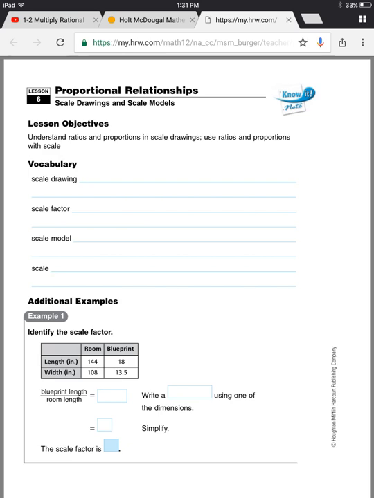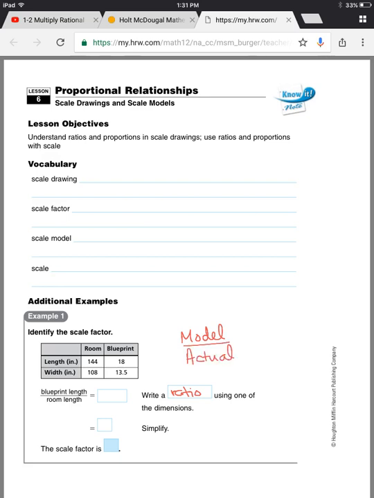So we are going to identify the scale factor, and we are going to write a ratio using the dimensions. And we always take the model over the actual thing.